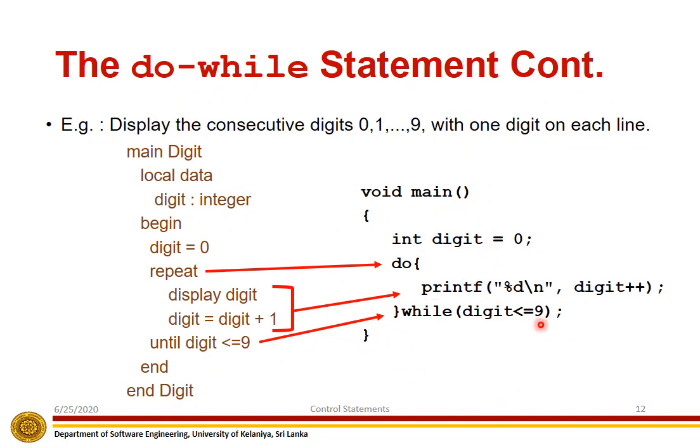When digit is 9, 9 is equal to 9, then print the 9, and 9 plus 1 is 10. Then again check the condition, 10 is greater than 9, so it will terminate and go to the rest of the code. Okay, I think now you have got an idea how to use the do while loop in C programming.